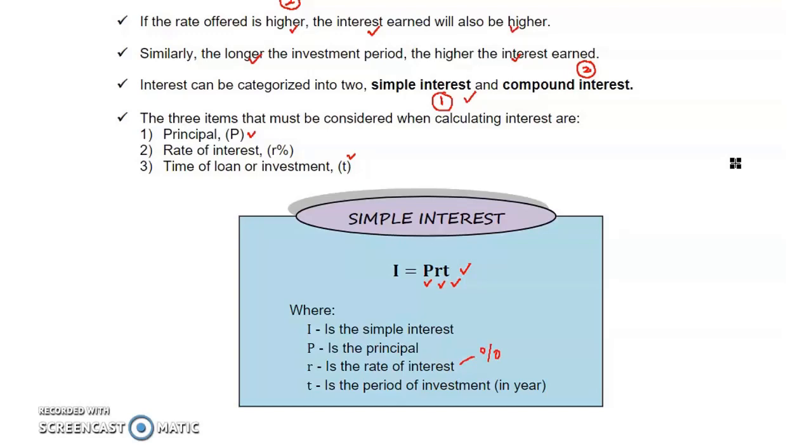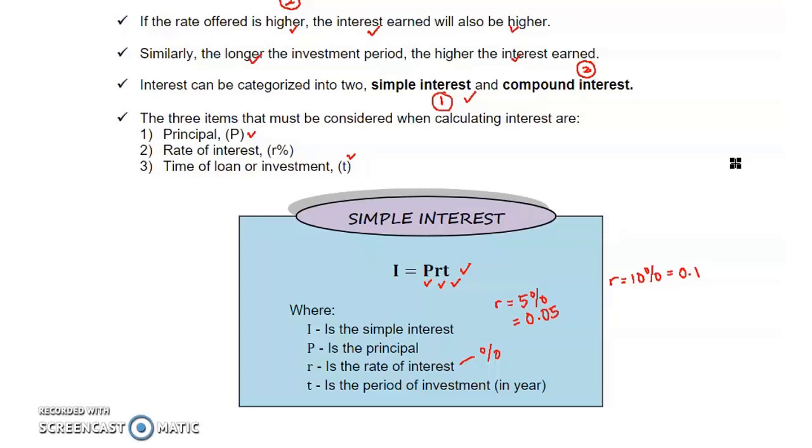For example, R equal to 5% is equivalent to 0.05. We also have R equal to 10%, which can be written as 0.1. But normally, the value of R we express in terms of percentage.